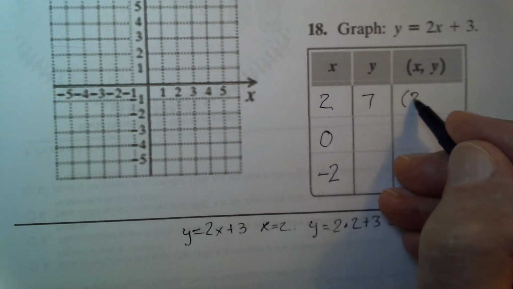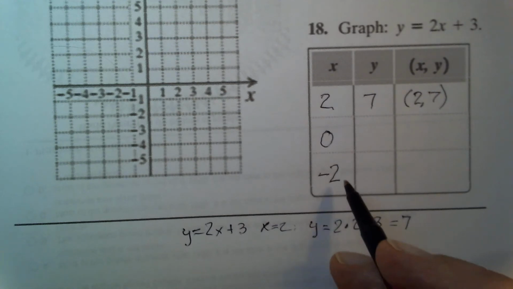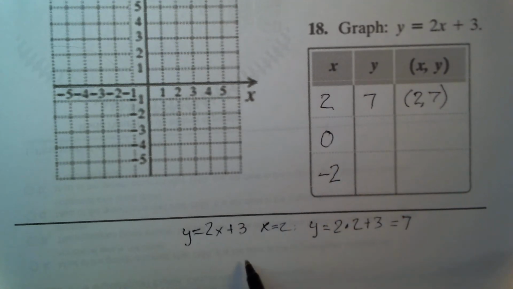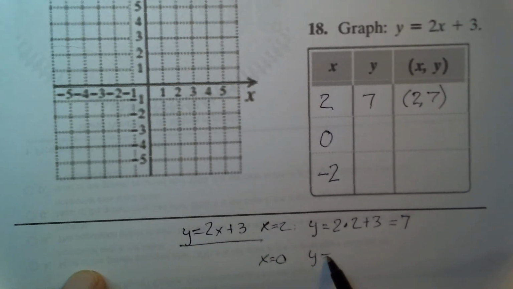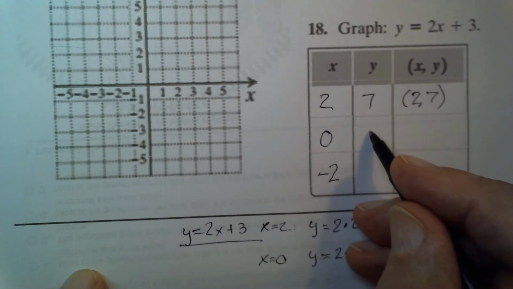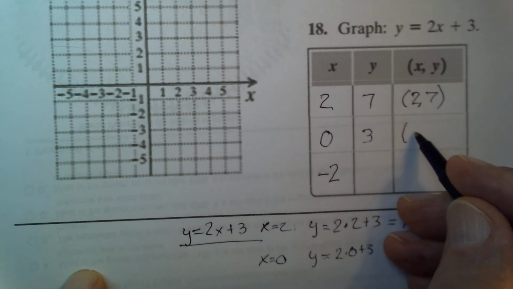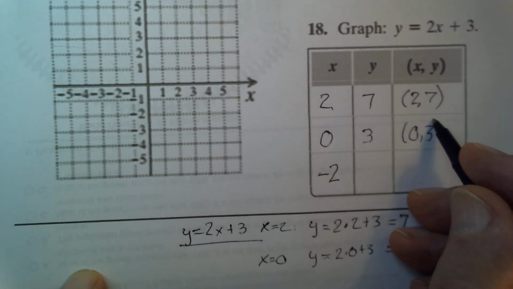So we have the ordered pair 2, 7. For the next value, when x is equal to 0, y equals 2 times 0 plus 3. Since 2 times 0 is 0, this is simply 3. So we have the ordered pair 0, 3.